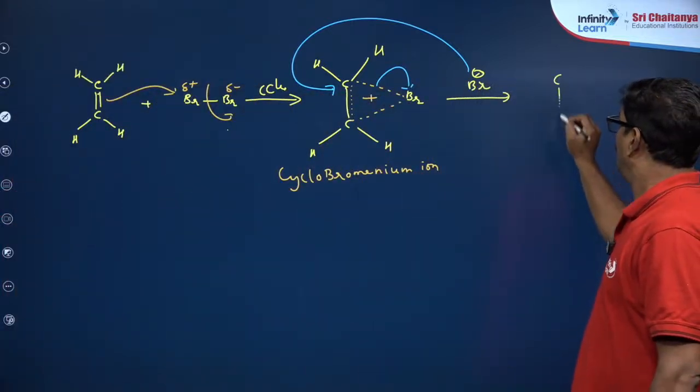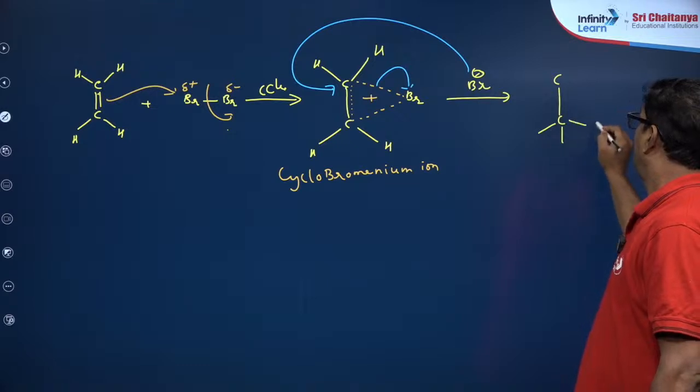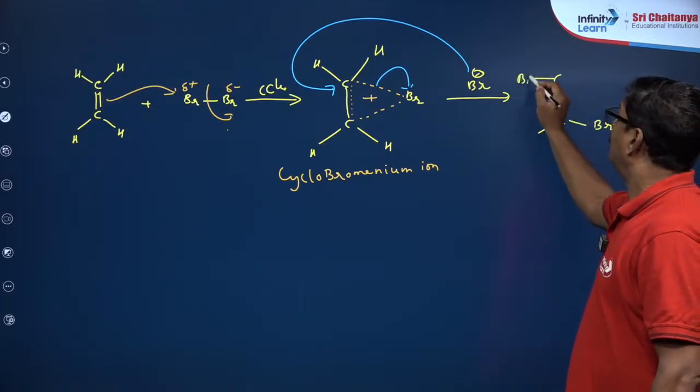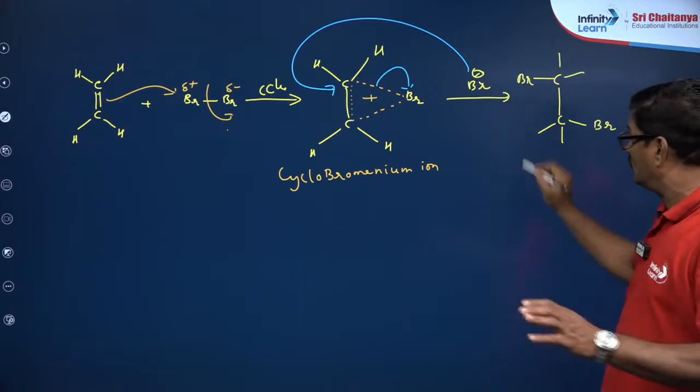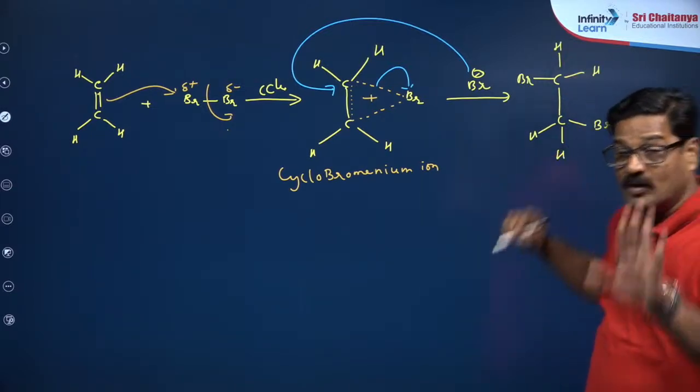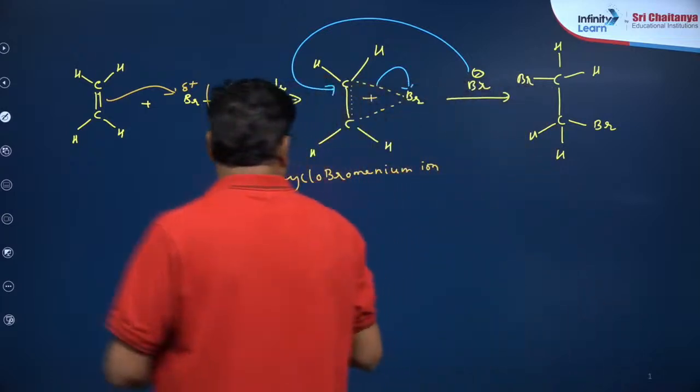So one bromine is on this side and another bromine has entered opposite. So this is what you call 1,2-dibromoethane.